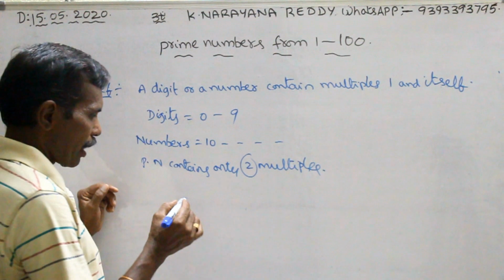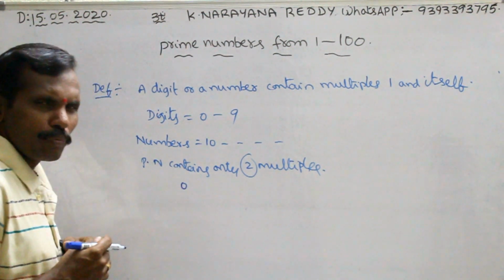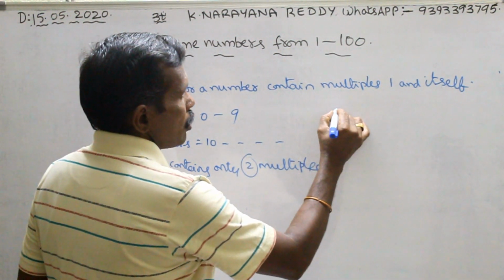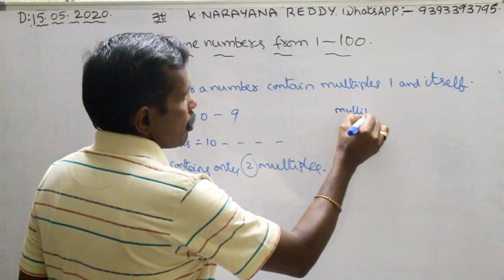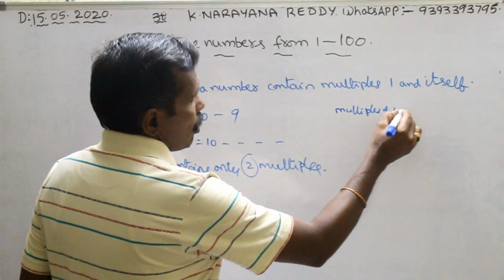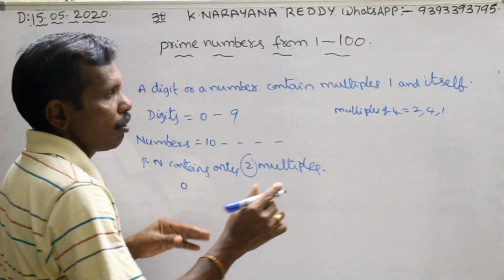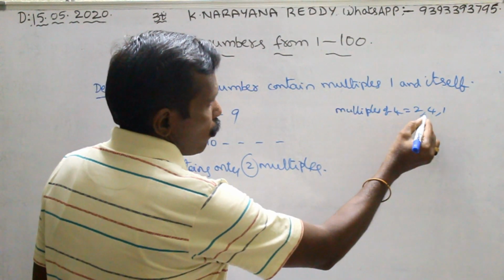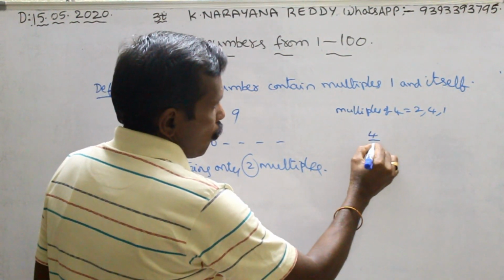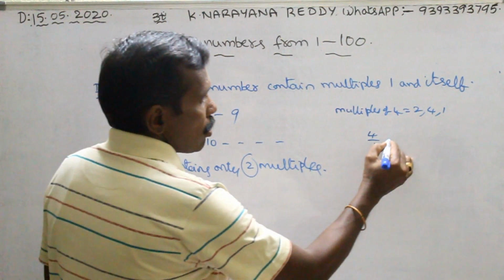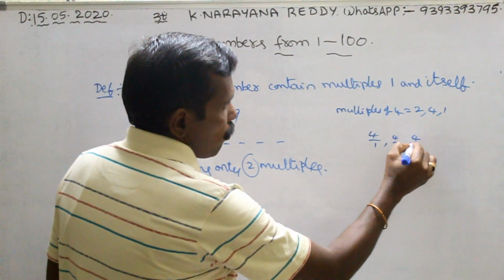0 is a digit. Okay. What are multiples? Take the multiples of 4. How can you say what multiples mean? Suppose for example 1, 2, 4 are the multiples of 4. 4 by 1 is a multiple, 4 by 2 is a multiple, 4 by 4 is a multiple.